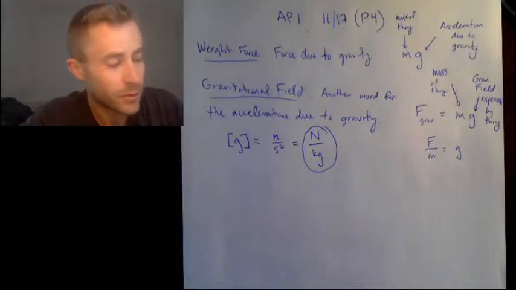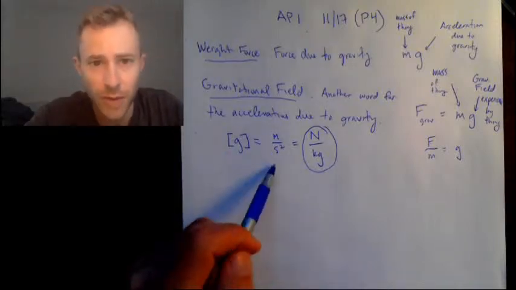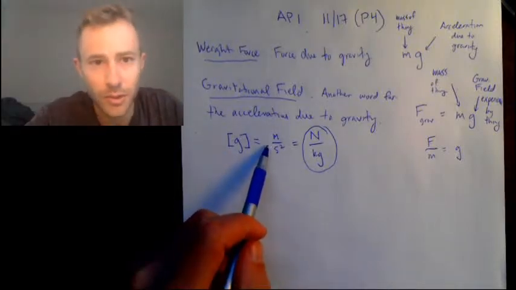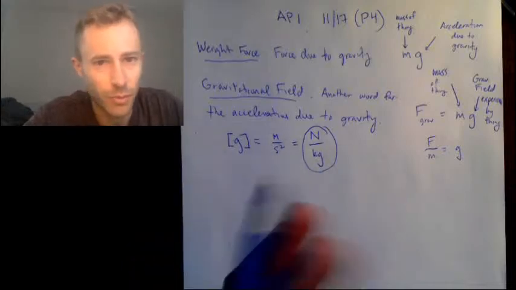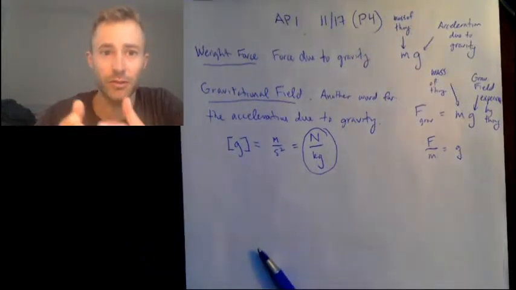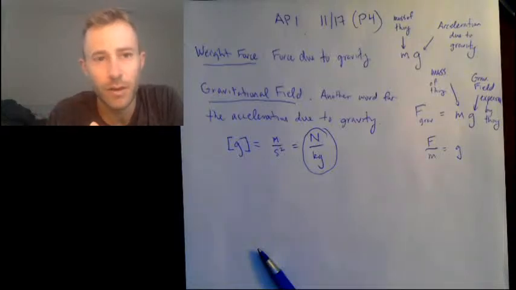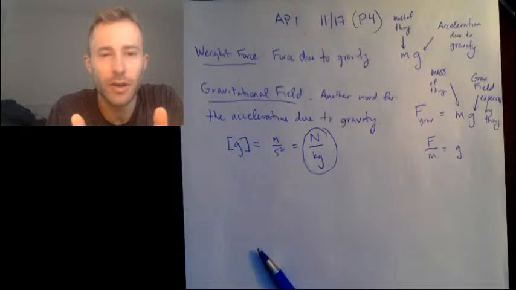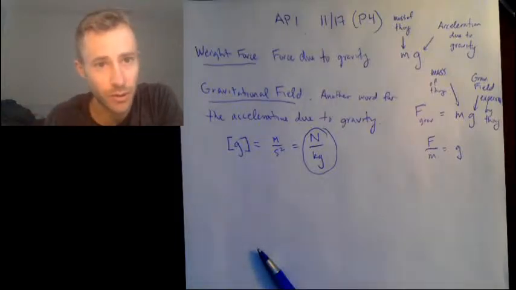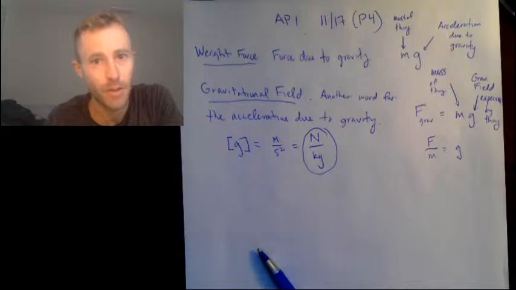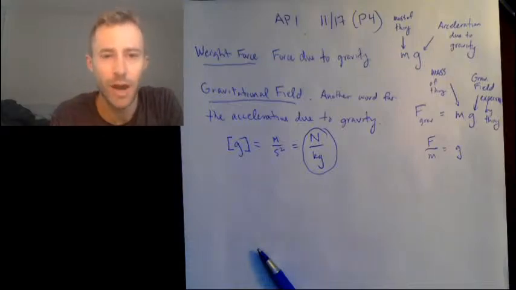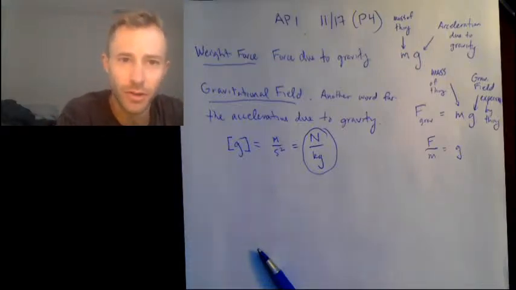And this is the preferred unit when we're talking about gravitational fields. Okay? It's completely valid if you say meters per second squared, but it's just preferred to use newtons per kilogram. So you can say the gravitational field of the Earth at the surface of the Earth is 9.8 newtons per kilogram, or you could say the acceleration due to gravity is 9.8 meters per second squared.